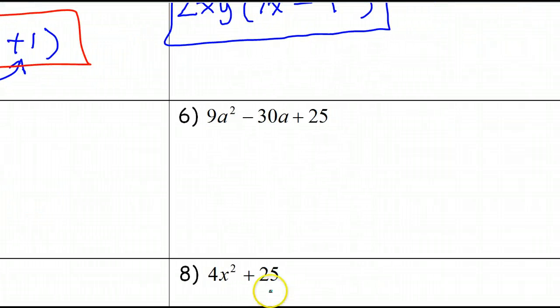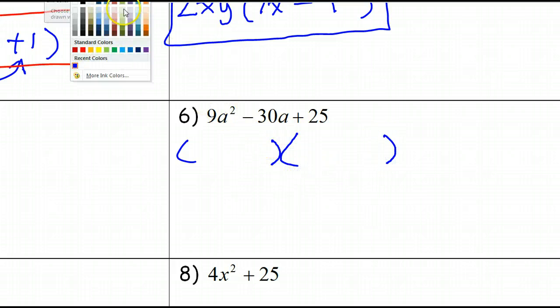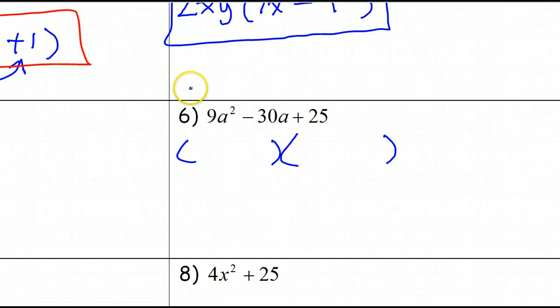Okay, let's take a look at number 6. I do not see a GCF on this one, so let's just go straight to the binomial situation. Now 9, it's either going to be 3 times 3 or 1 times 9. 25 is either going to be 5 times 5 or 1 times 25.